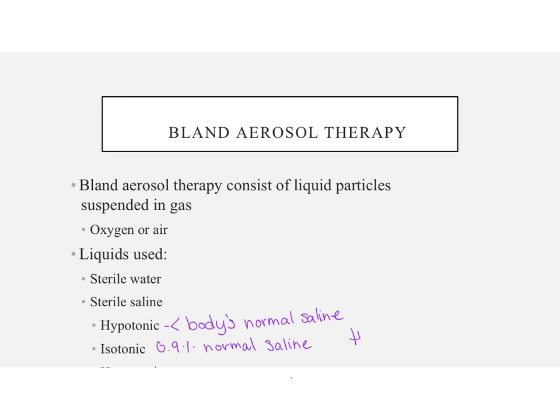And then you have hypertonic. So that's going to be greater than 3% saline. And this is what is used for sputum samples. And it's also used by patients with cystic fibrosis. So if you see tonic, tonic equals salt.